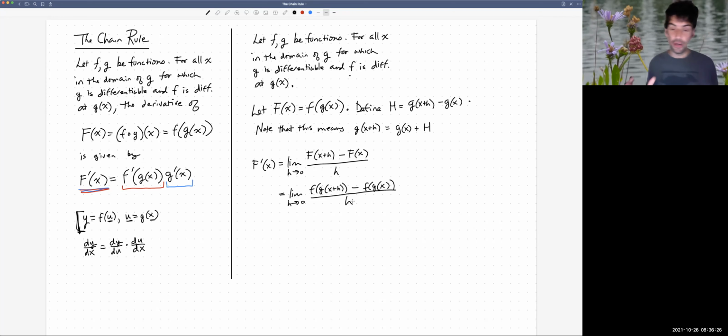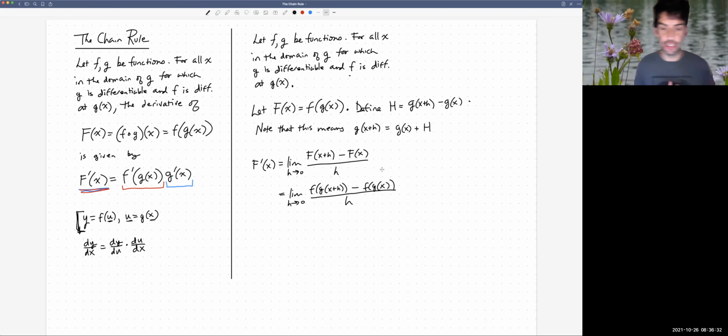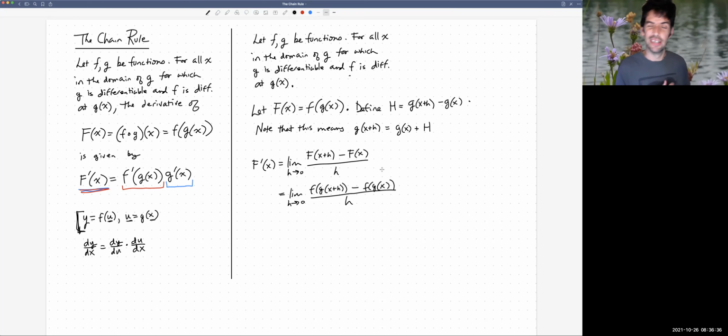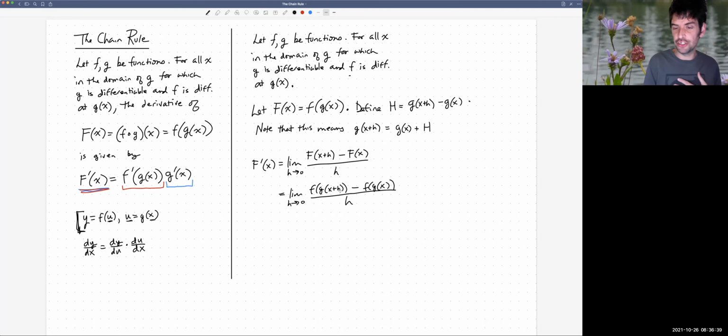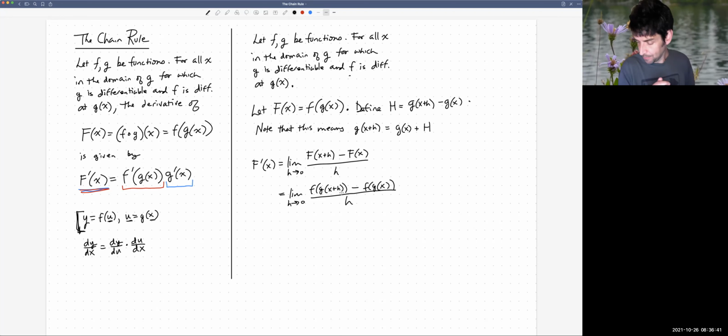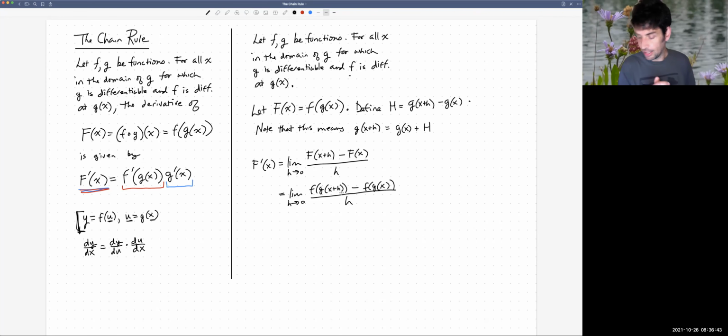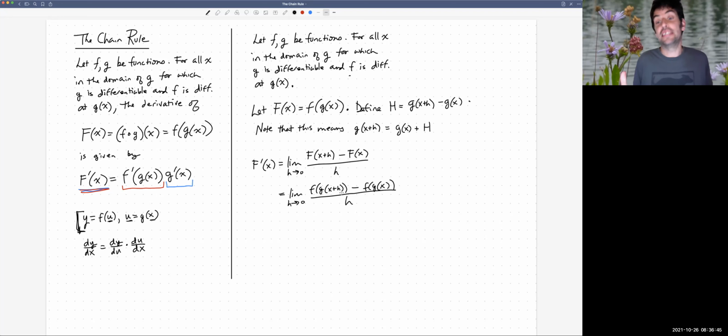Okay, so what do we have here? There's a change in our composite function over the change in our input. But the changes aren't quite matching up. It looks very similar to the definition of the derivative except for this composition.